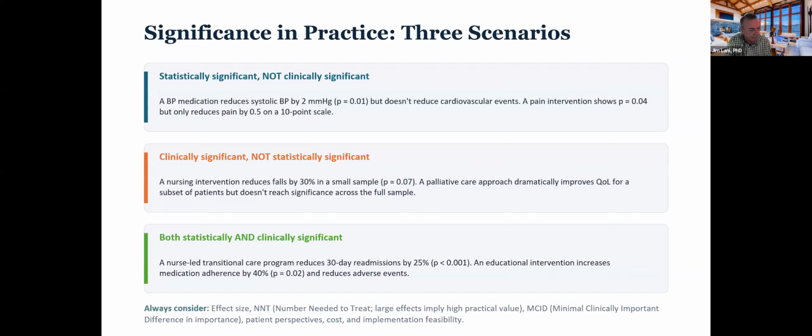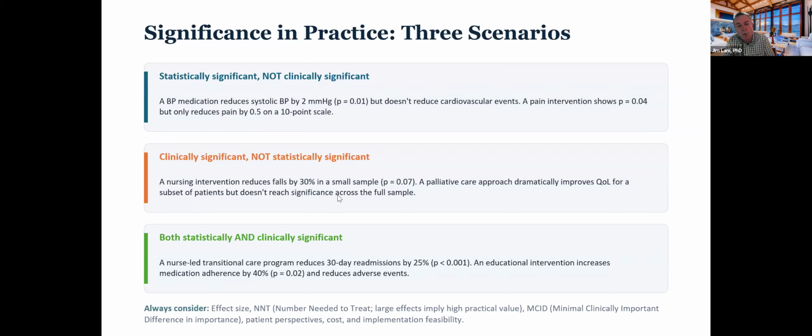statistical significance. This happens a lot in DNP projects, by the way, or other kinds of projects where the sample size is really small. I've seen studies with 5 people, and sometimes it's really challenging to get large samples.